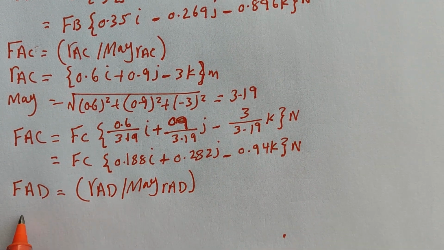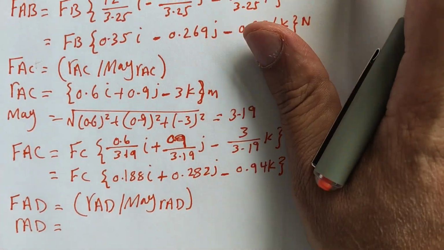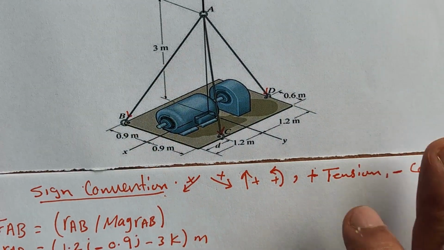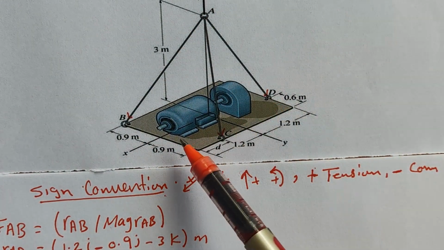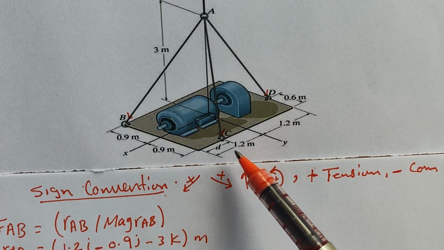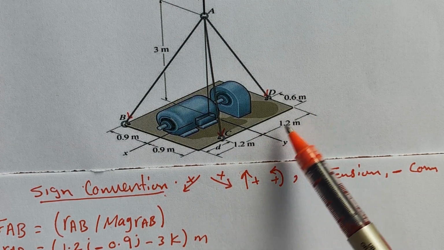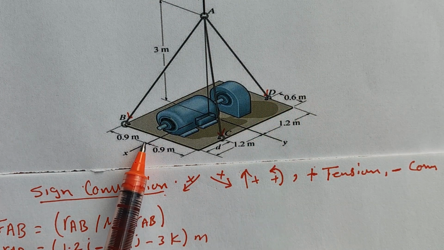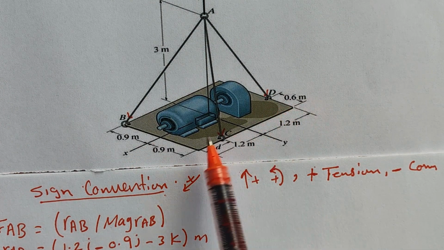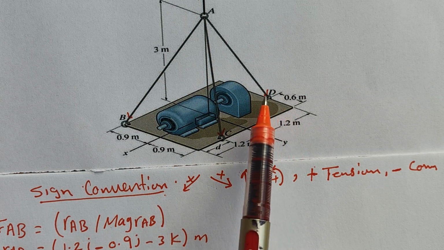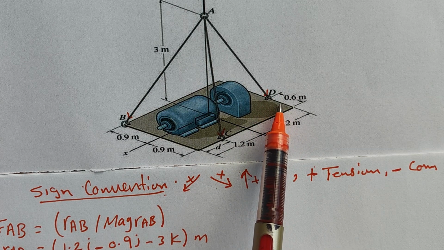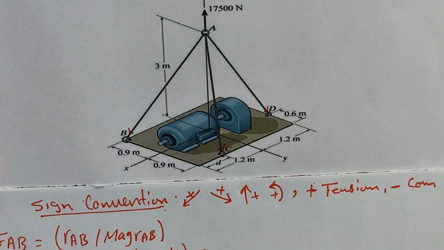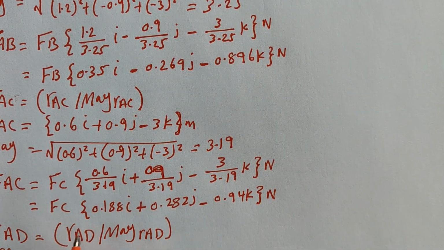So in this case, RAD equals, when we look at the diagram for AD, we can see that we move negative 1.2 on the x-axis, and we subtract this 0.6 from the total 0.9, we will be left with 0.3 meters on the positive y-axis, and again negative 3 meters on the z-axis.